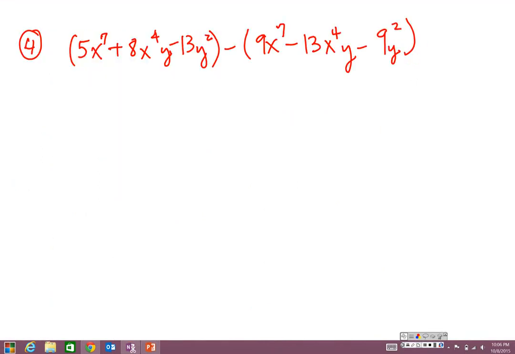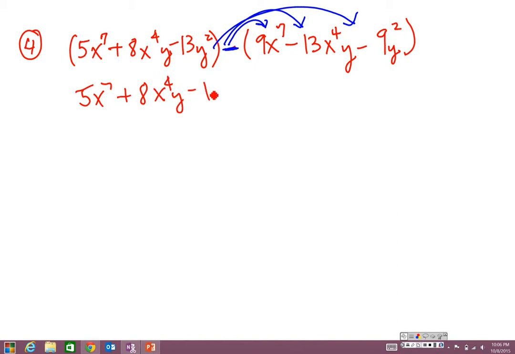Alright, so number 4 is subtraction. How do we know it's subtraction? Because there is a minus sign in between the 2 parentheses. So let's rewrite this problem and distribute. We have 5x to the 7th plus 8x to the 4th y minus 13y squared.